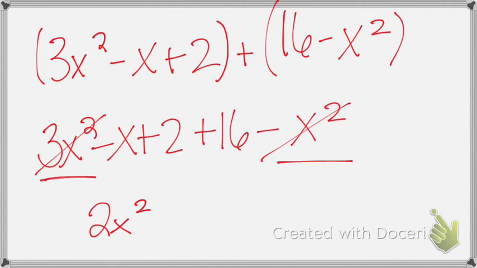So what do we do with it? We just drop it down. We got 2 constants, positive 2 and a positive 16, which is what? 18. Yep. Everybody get that? Everybody I looked at had that. Good. All right. Flip over.